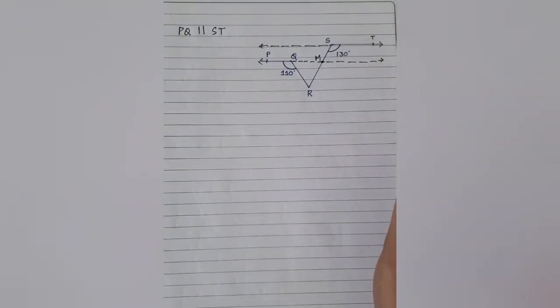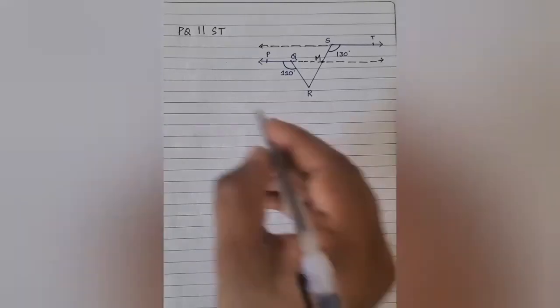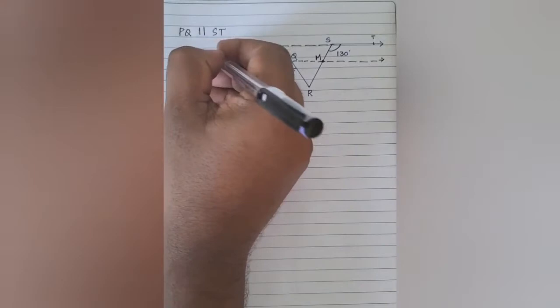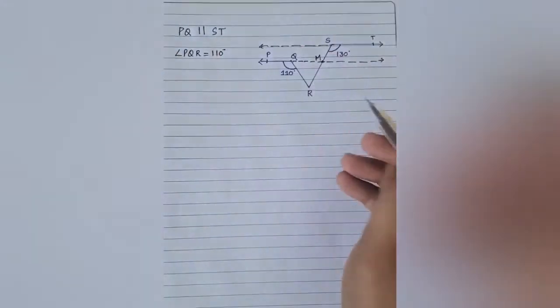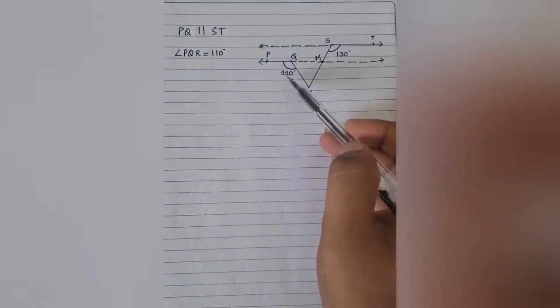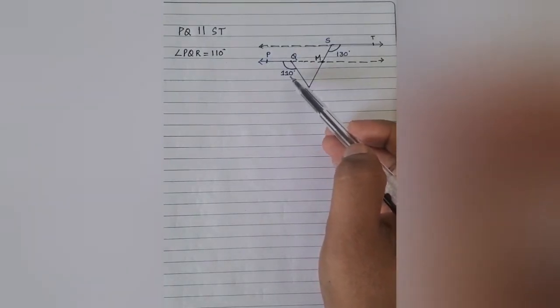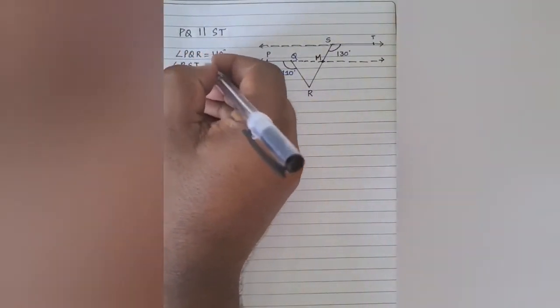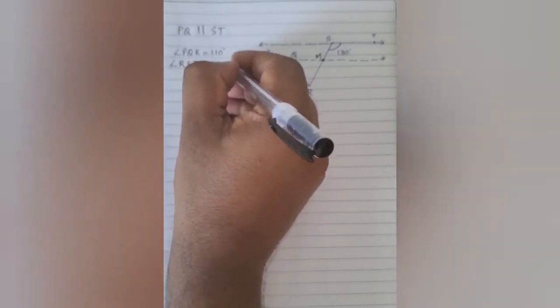Now, what has been given is that angle PQR is equal to 110 degrees, which is already mentioned in the figure also. It is also mentioned that angle RST is equal to 130 degrees.